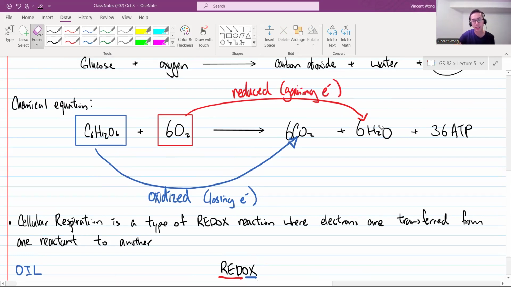When it does gain the electrons, it becomes water. And this process generates energy. And we want to store that energy until we need it. And we will store it in ATP. For every glucose that we react, under ideal conditions, we can make up to 36 ATP.